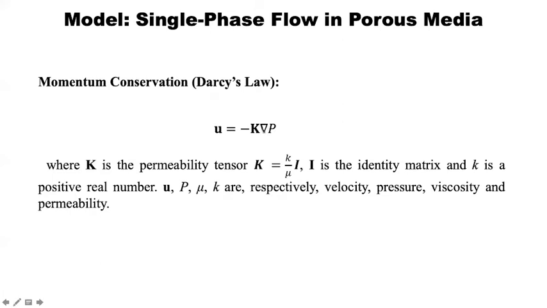And this nabla is called the gradient, the first derivative also in different directions. It could be partial p by partial x, partial p by partial y, partial p by partial z. So this is the general case, could be 1D, 2D, 3D.